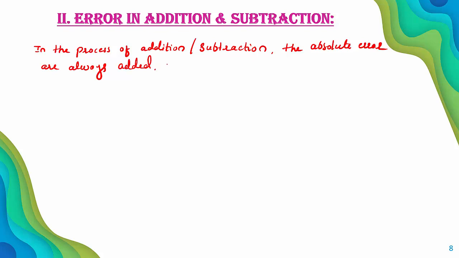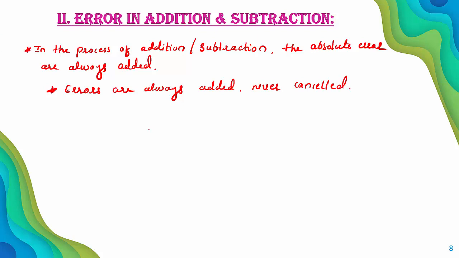They are never cancelled. Remember, errors are always added, never cancelled. They never cancel each other. These two points we have to remember to understand error in addition and subtraction.